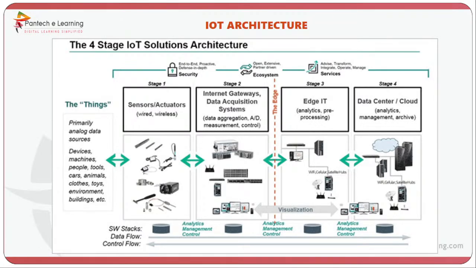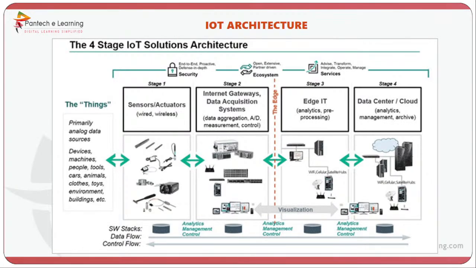So in the third stage we do that process, like uploading data or downloading data. After that, stage 4 is nothing but the cloud platform. In this internet of things, if we need any data, for example the WhatsApp chat, all the data will be stored in the cloud, right?